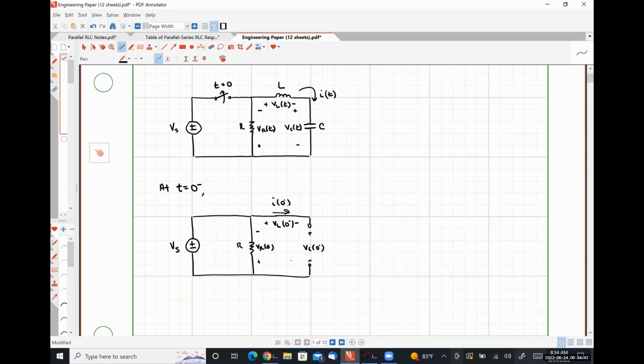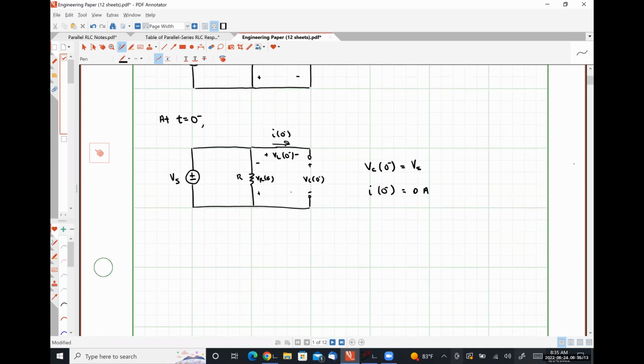So by inspection, we can see that VC of 0 minus is equal to VS, and I of 0 minus is equal to 0 amps, which means our capacitor has some fixed amount of stored energy, and our inductor isn't currently storing any energy since there's no current flowing through it.